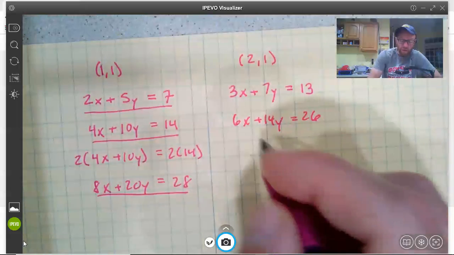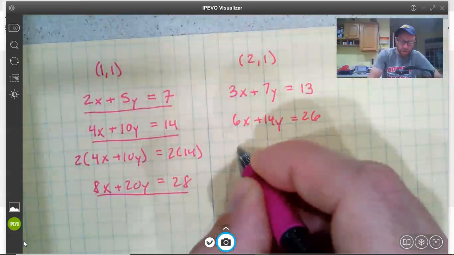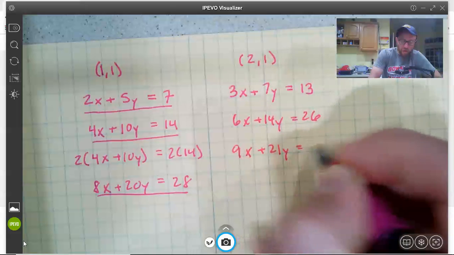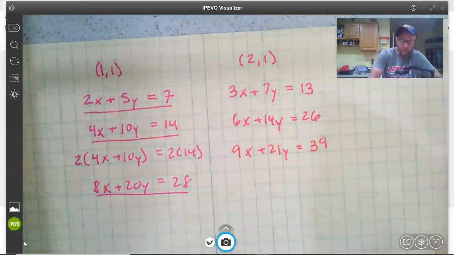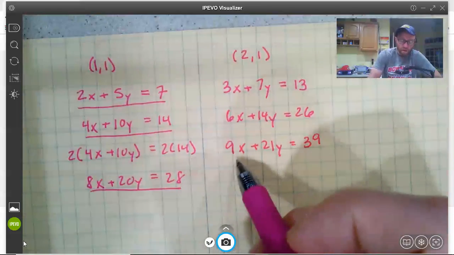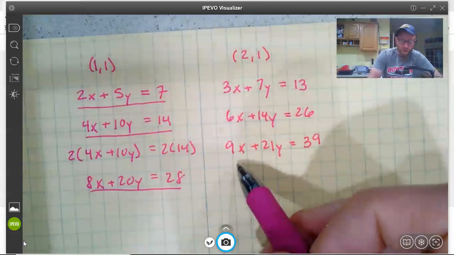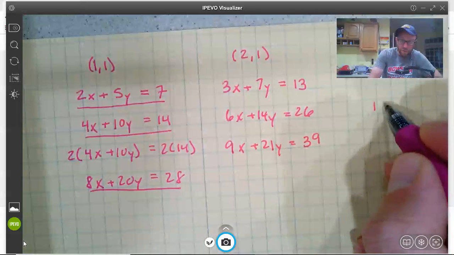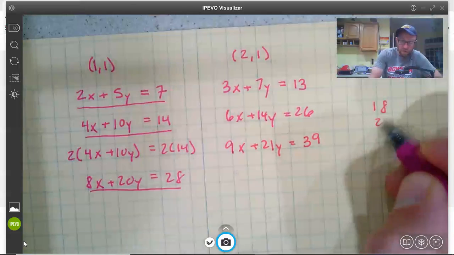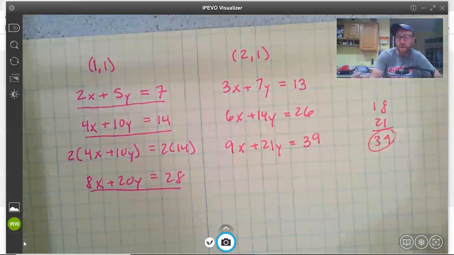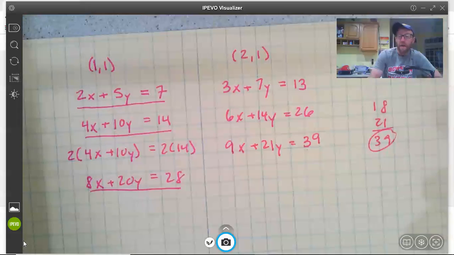I could multiply the original equation by 3. So I have 9x plus 21y equals 39. Then I'd have 9 times 2 is 18, plus 21 times 1 is 21, and that gives us 39. So it still works. I could make everything negative.